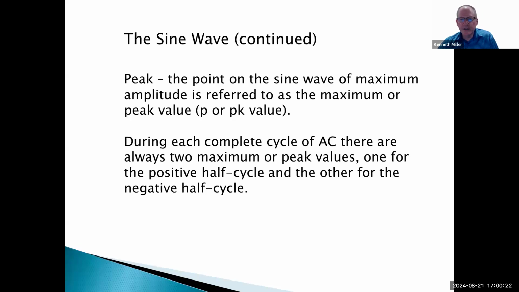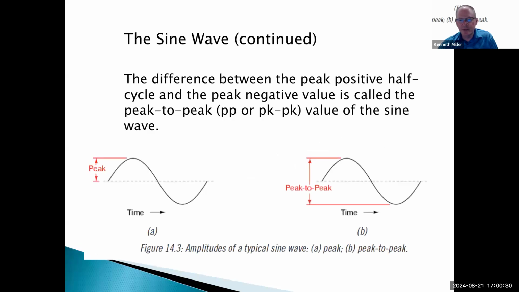During each complete cycle of AC, there are always 2 maximum or peak values, one for the positive half cycle and the other for the negative. And then that distance in between is voltage peak to peak, all right? So this is a good graphic that kind of shows it there. All right, so that's our amplitude. That's our voltage level, is on the vertical axis here, all right?